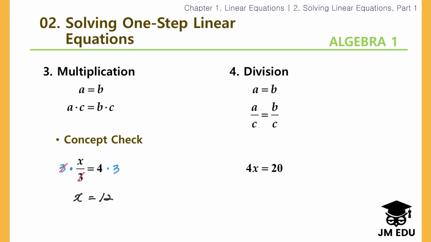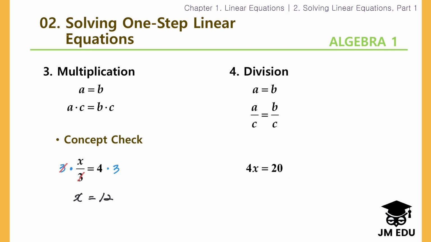Number 4, we have division, right? Let's say a is equal to b. Then we can always divide each side by the same non-zero number, so divided by c, divided by c. And remember, c cannot be equal to 0, okay? So let's look at this example right here.